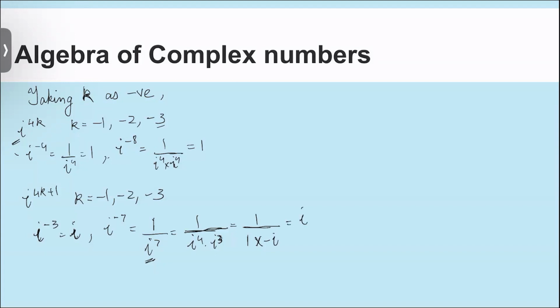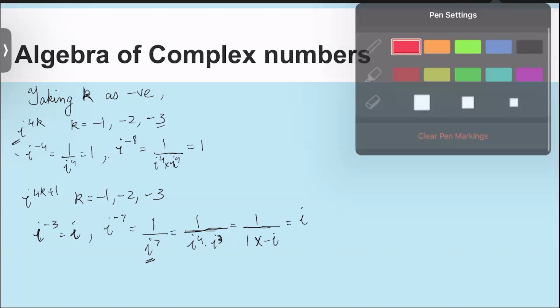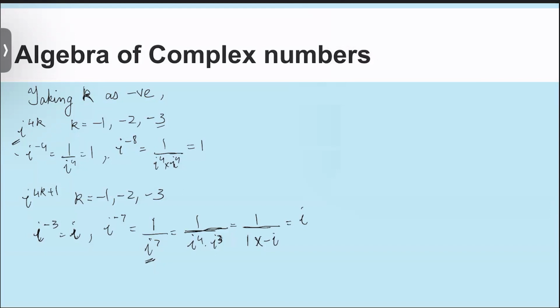Again, we can see that the general forms that we had written before, for example i^4k is equal to 1 and i^(4k+1) is equal to i, that we have seen here, remain valid even when we substitute negative k.